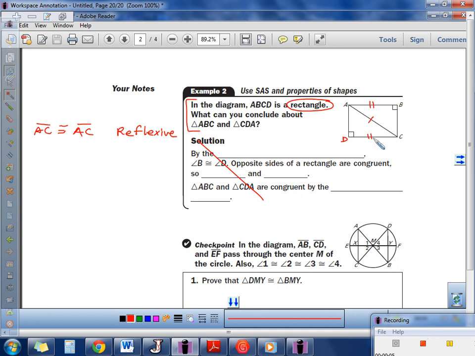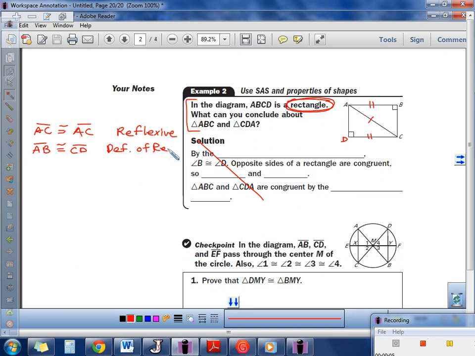So I can say that out here to the side. AB is going to be congruent to CD. But why? Why did we add those marks? Well, where did we know? We know the definition of a rectangle.